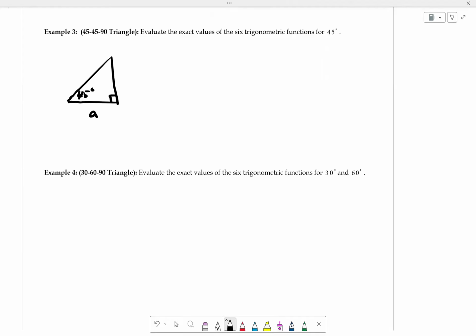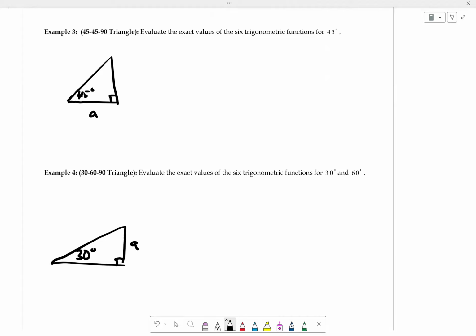Okay, so right now you're just filling the rest of that triangle in terms of A. And also this one. Fill this in. That is a 30 by the way. You know what I mean by labeling the rest of the triangle in terms of A?